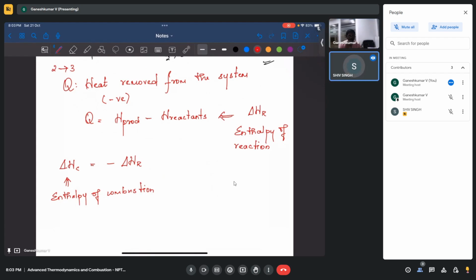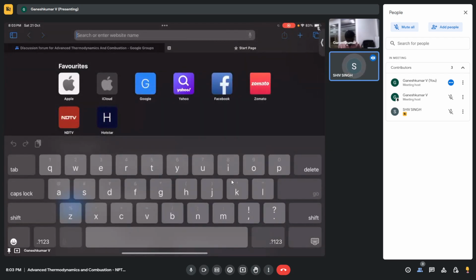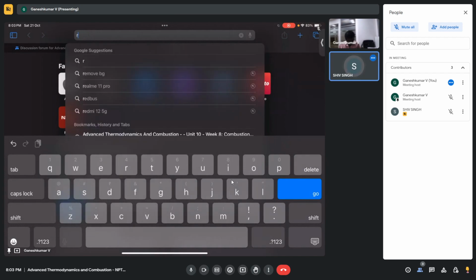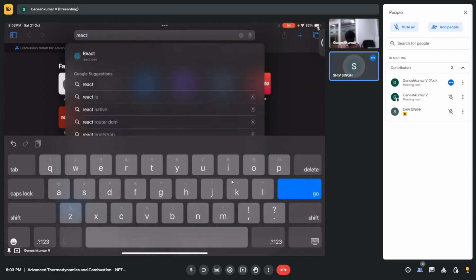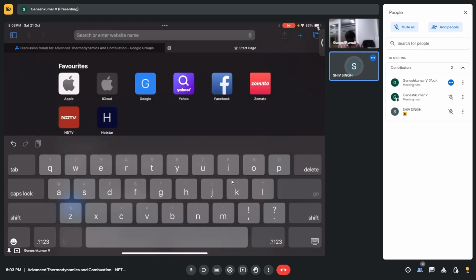As we know, RCCI engine means reactivity controlled compression ignition engine. And one is the HCCI engine, the homogeneous charge compression ignition engine.